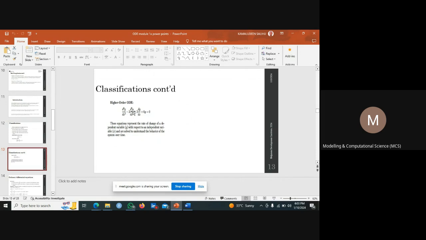The second order differential equation is written as d²y over dx², while the first order is written as dy/dx. If you don't want to write it in this form, you use the one I just showed you on the board, writing y prime for the first order, y prime prime for the second order, y prime prime prime, that is three primes, for the third order, then the highest order again, up to n.